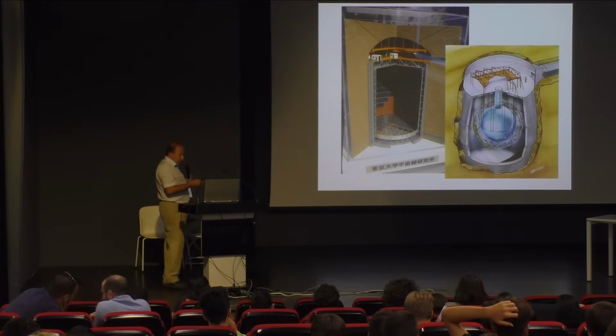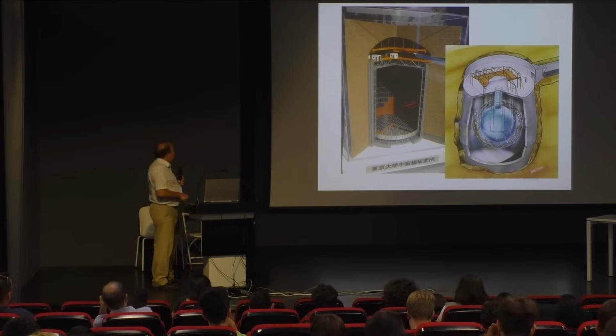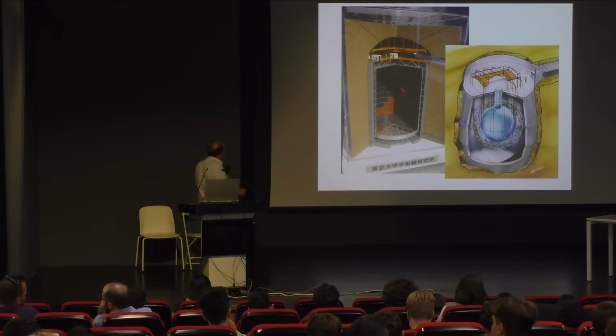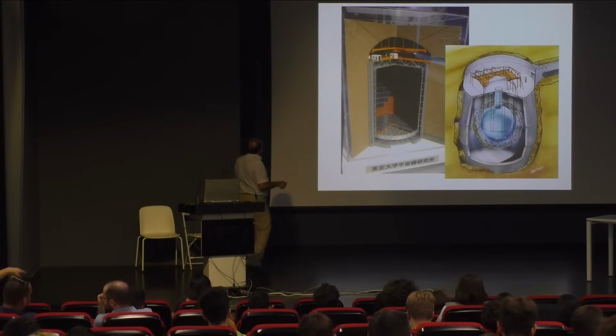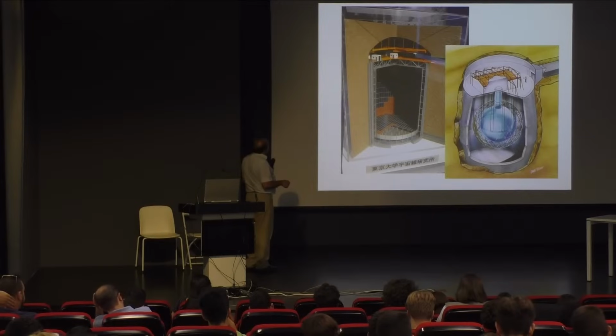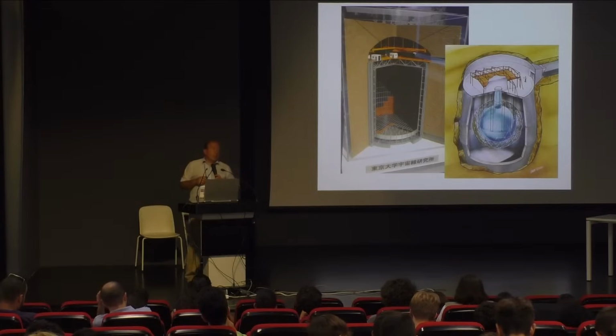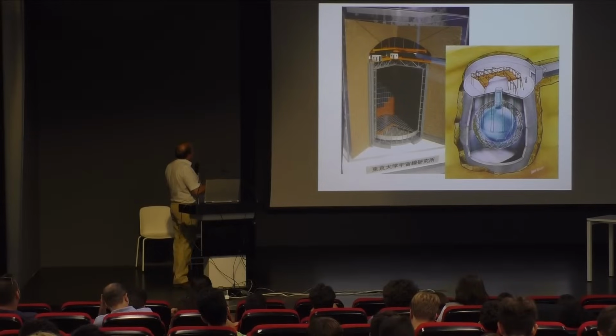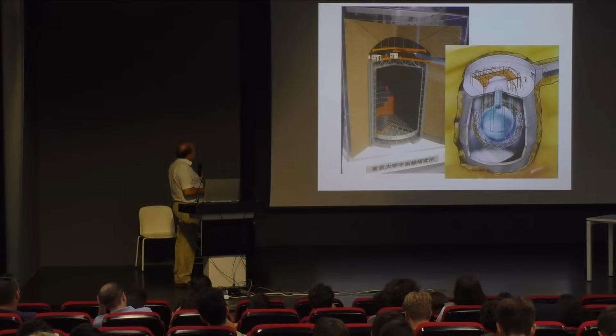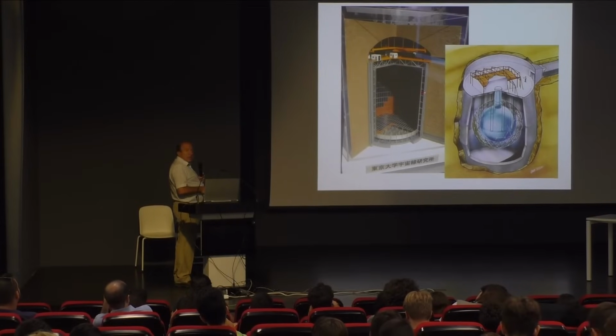These detectors are located in mines, so they are far underground. This is in Japan, and here you can see the entrance of the mine. There is a very big cavern filled with water, and the neutrinos that are coming from the sun are interacting here.